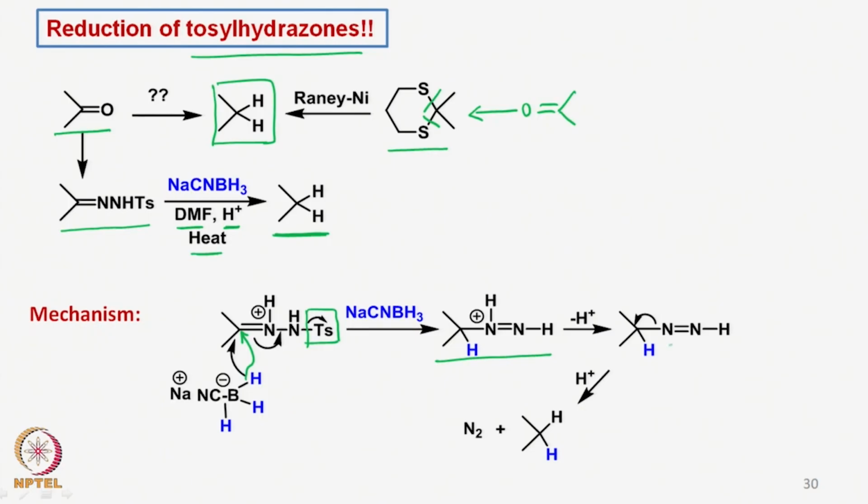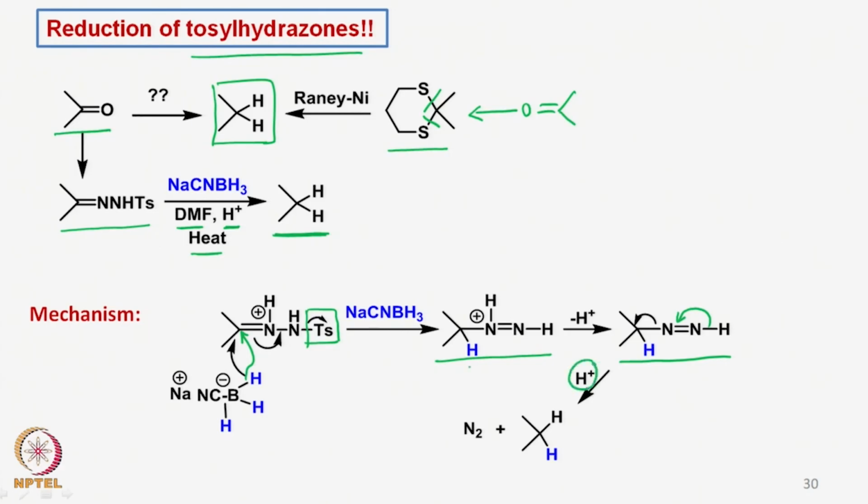which then loses a proton and goes to another molecule like this, which can be expected to be somewhat like this, with loss of nitrogen in this fashion, and then under the protic condition the anion which is formed here is grabbed by the proton which is present here.